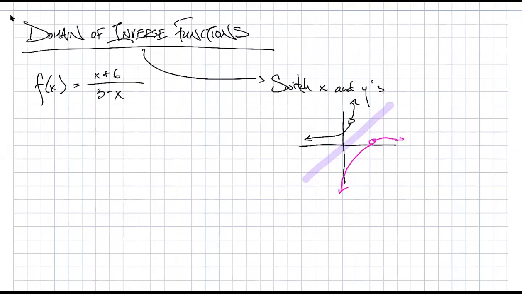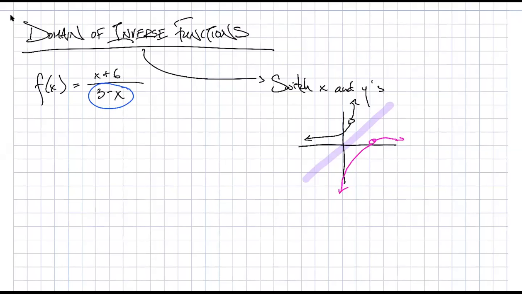So one thing that I do right off the bat so that I don't make a mistake is I say, what is not in the domain of my original function? And in order to do that, I can take my denominator, set it equal to 0, just like we've been doing with these rational functions.